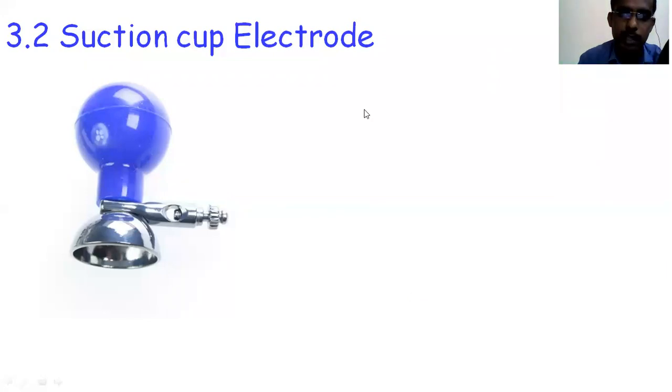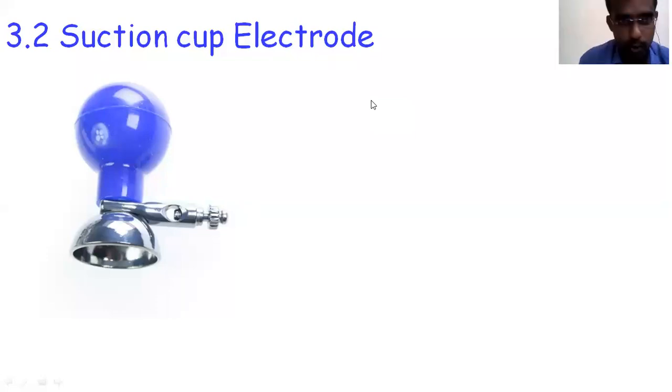When it is placed, it sucks up the air and that's how it holds. Even here, if I want to place it, if the surface is not so polished, it comes off. It sucks up the air inside and that's how it holds. Your electrode is going to work on this very same principle.